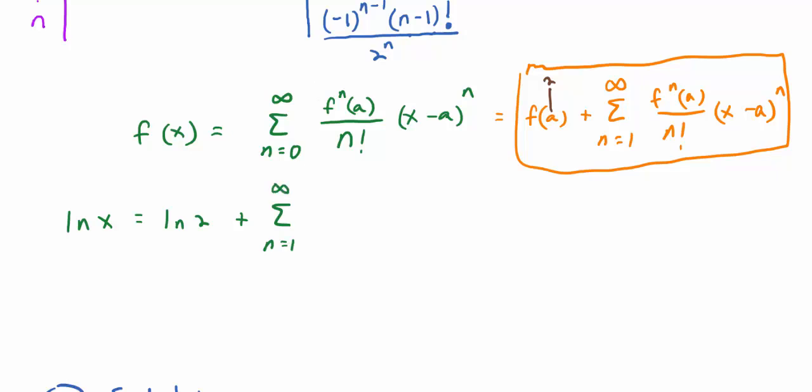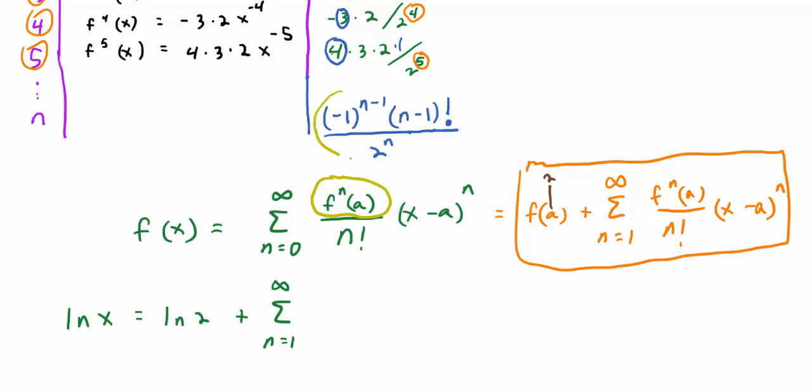OK, what did we get for this guy right here? Well, it's right above it, right? It's this guy right here. So it'd be negative 1 to the n minus 1, and it's going to simplify, by the way, n minus 1 factorial. Now, 2 to the n, but what else belongs in the denominator?